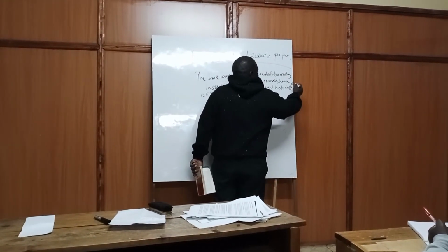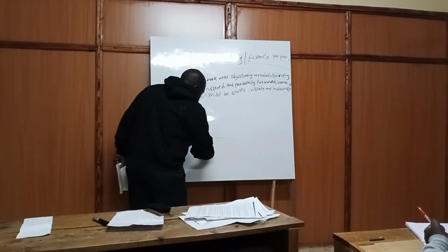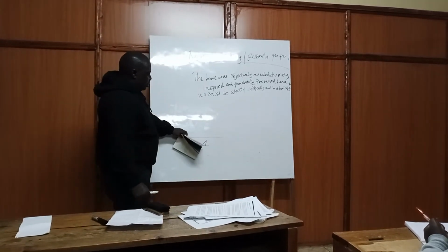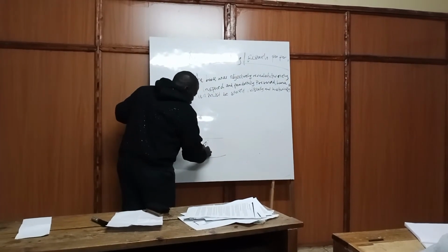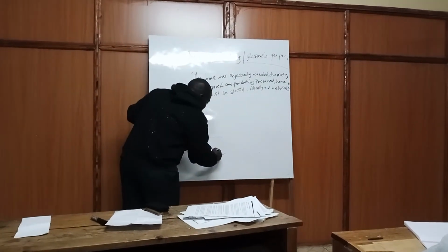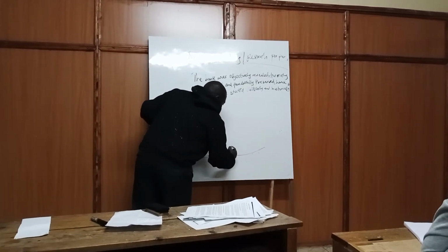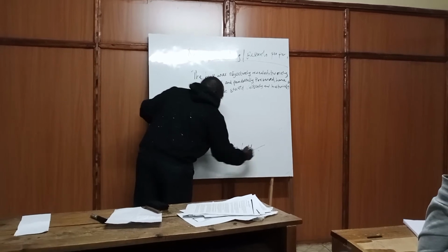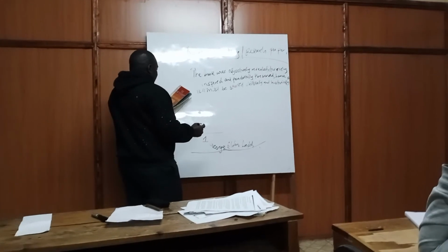This is your footnote number 1. Then you go to the base of your paper, and this is a superscript. You write number 1 on top. This is your line, you write number 1 on top here. And this book is by George Eldon Ladd, The New Testament and Criticism.